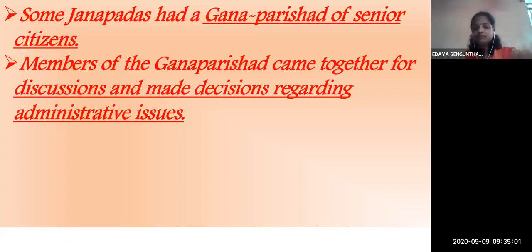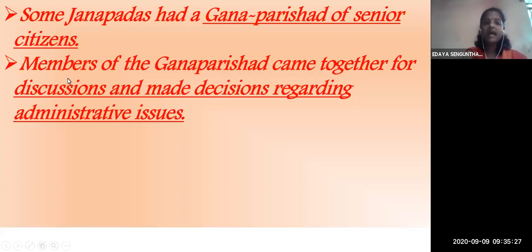We can help the farmers by exempting their tax. It's an example. In this way they used to discuss their administrative issues and get decisions, because a few Janapadas were republics. As I said, there was no king. People only have to decide among themselves, discuss their problems, and find the solution.